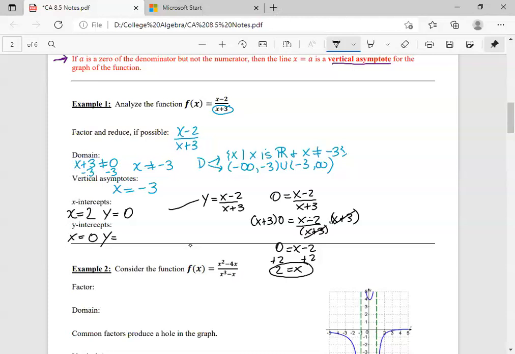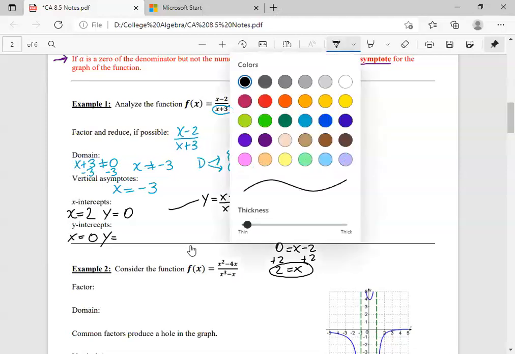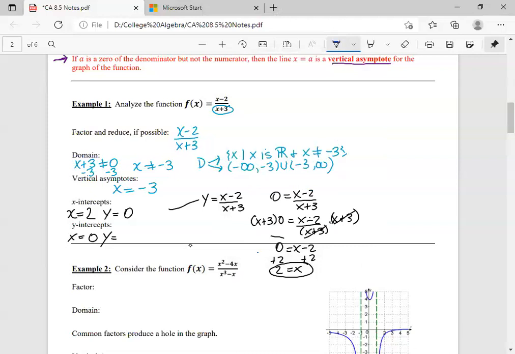There's a trick to that, okay? And I'm going to keep working these a long way until you guys can tell me what the trick is, but when we actually got it down to the part we were solving, it looked like this part right here, 0 is equal to x minus 2, because we multiplied by the denominator and it canceled out. So if you can find the zeros of the numerator, that's your x-intercept.